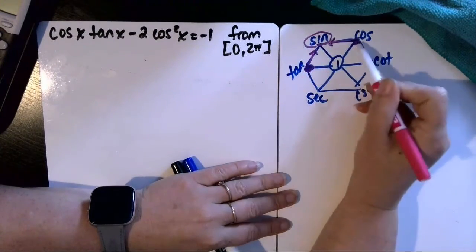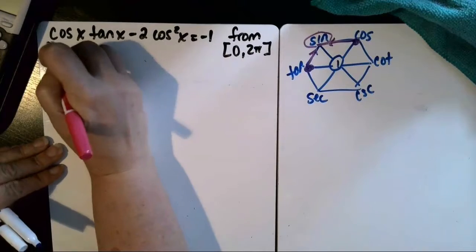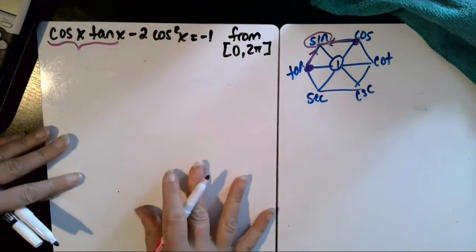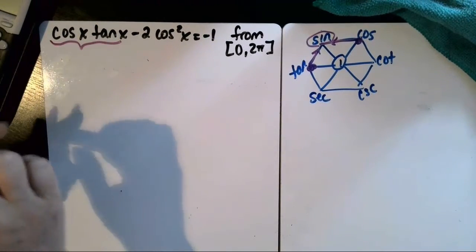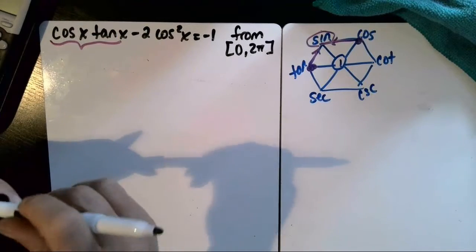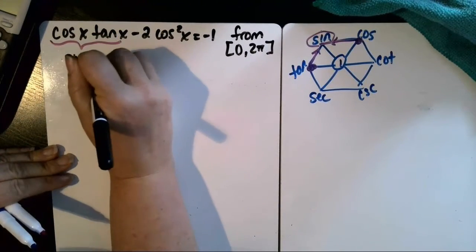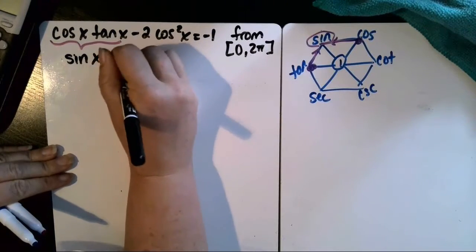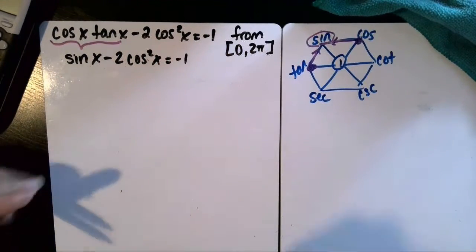So the product of tangent and cosine is sine. So we're going to apply that product identity first in the equation and rewrite cosine of x times tangent of x as the product sine of x. And then that's minus 2 cosine squared x equals -1.